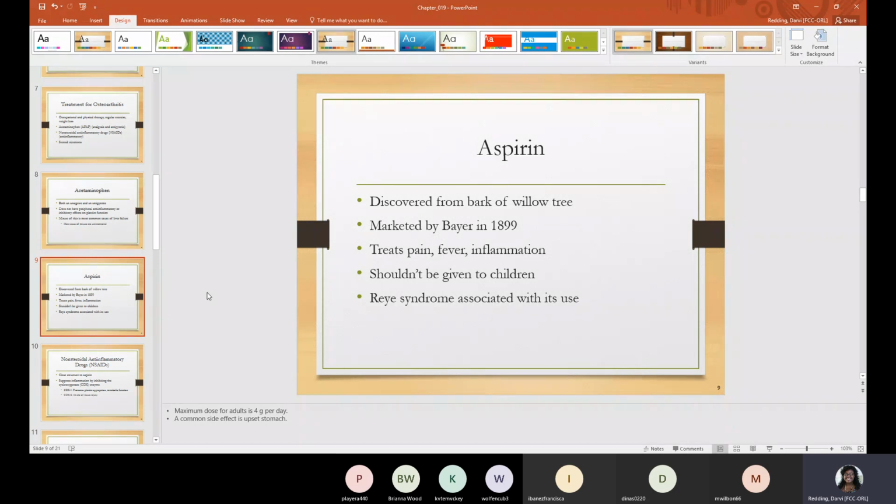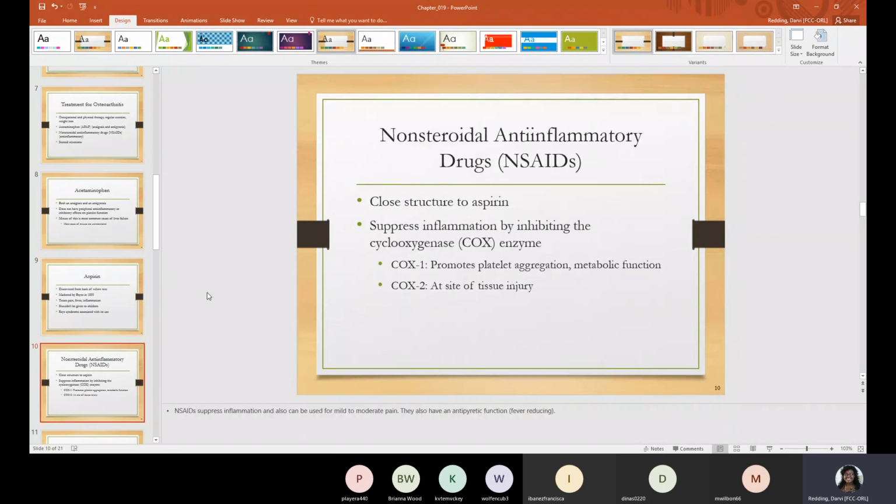So now that we've learned about aspirin, we'll next continue to learn more about NSAIDs. NSAIDs represent non-steroidal anti-inflammatory drugs. Again, the prototype of an NSAID is aspirin because the structure is close to it. You have other types of medicines under the NSAID umbrella, and one example of that would be the COX enzyme.